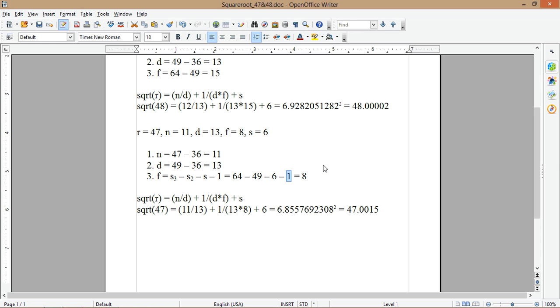One is a discovery. In mathematics, we do things sometimes by trial and error. We look for patterns. One is simply a discovery, guys. I took the time to try out some different approaches to see what would work, and subtracting 1 works every time. So that's how we get f equals 8. 64 minus 49 minus 6 minus 1 equals 8.